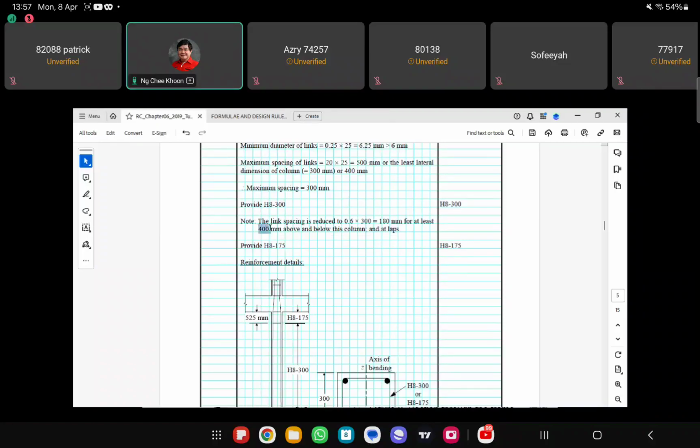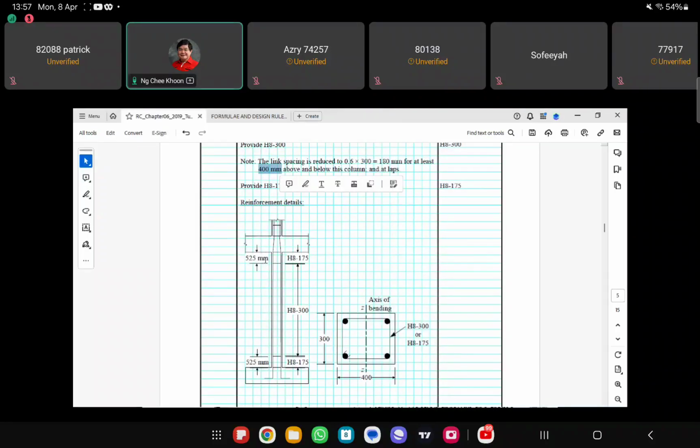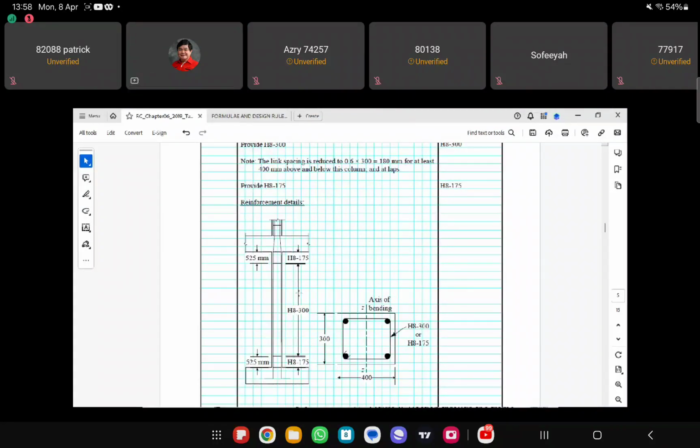Okay, so this 400 is the larger dimension of the column. So meaning that within this 400 mm, you have to provide spacing not more than 180 mm. Okay, and then the rest of the column, you can provide the spacing of 300 mm, right?